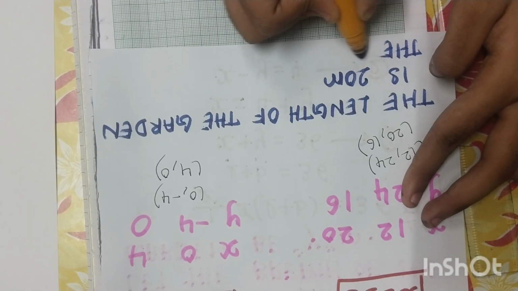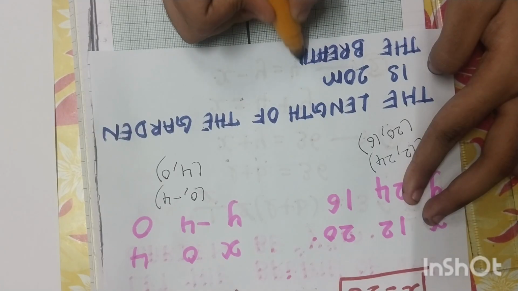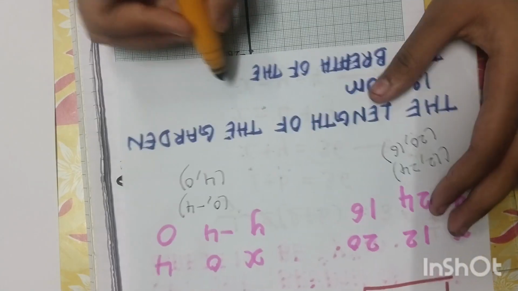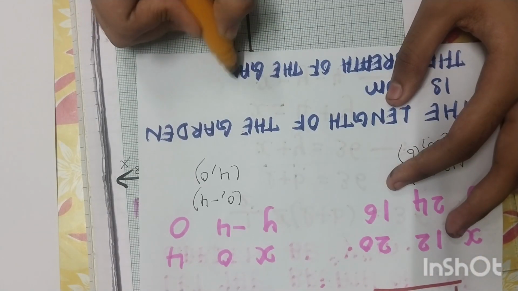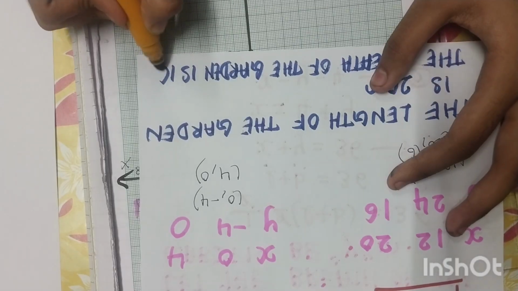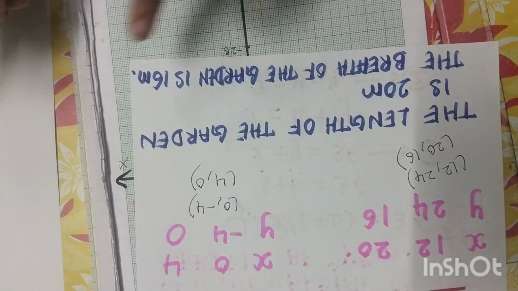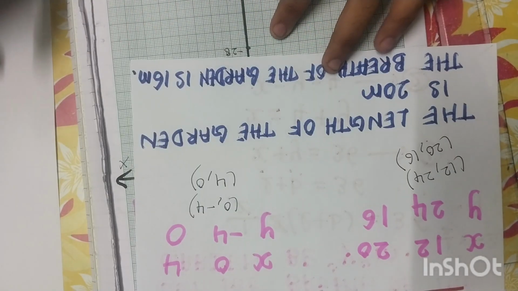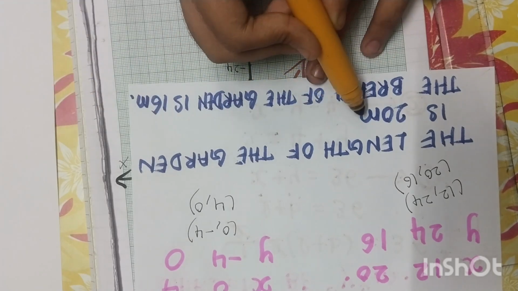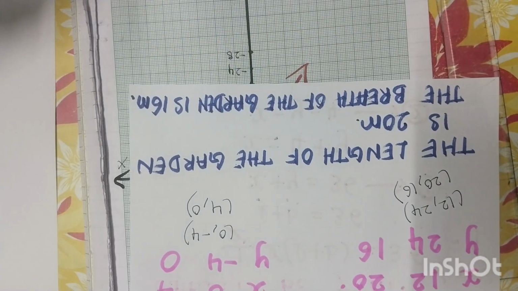The breadth of the garden is 16 meter. Okay, so be careful with the units also. So my intersection point is nothing but 20 comma 16. So 20 is length and 16 is my breadth. Clear? So that's it. Thank you.